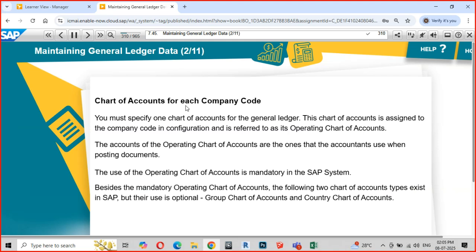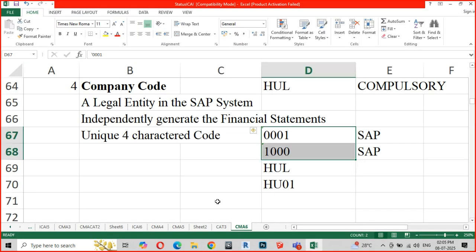One of the most integral parts of the finance organizational structure, one of the most important and mandatory organizational elements created by the finance consultant after the creation of the company code. Now, what is this chart of accounts? Let me make a note of it in the Excel sheet.